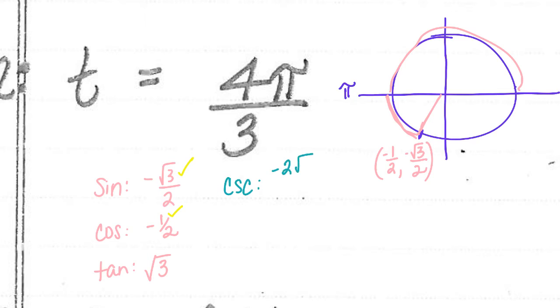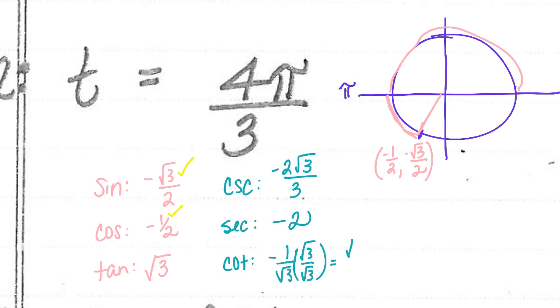Hopefully you'll know that this is negative 2 root 3 over 3. The flip of cosine is the sec, which is negative 2. That's an easy flip. And the cotan is the flip of the tangent, which is negative 1 over root 3. And when I rationalize that, I get negative root 3 over 3.